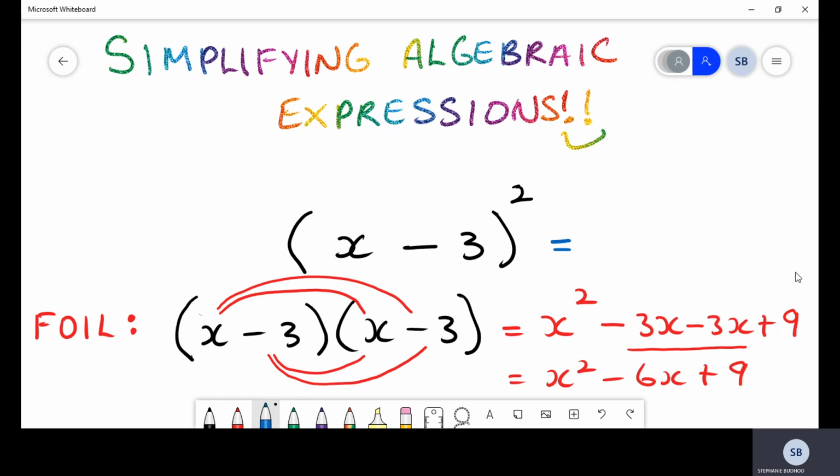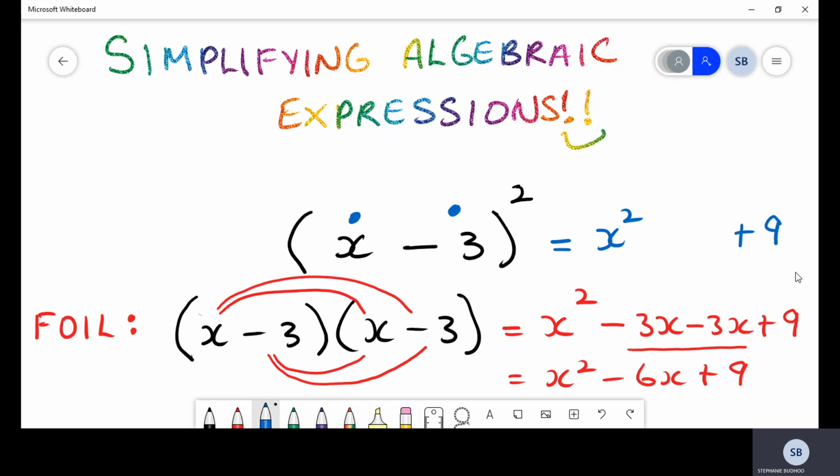You simply, if your power is the power of 2, your brackets is being squared, and you have those two terms inside of your brackets, all you need to do is square the first term, so that gives us x squared. Then you square your second term inclusive of your sign, so that's negative 3 squared, that's positive 9.